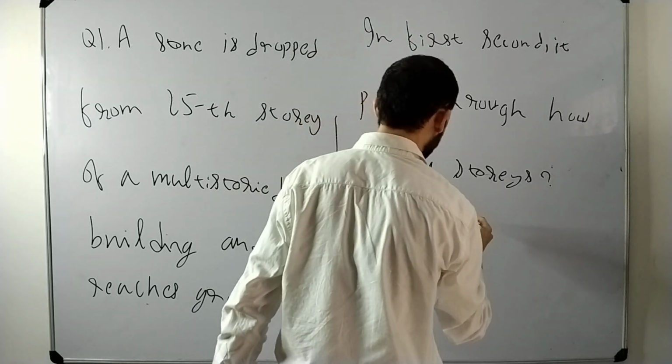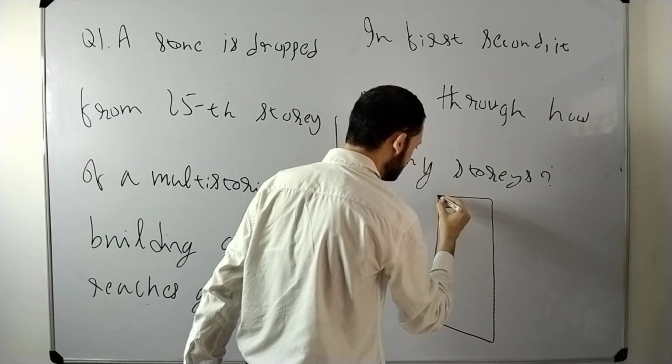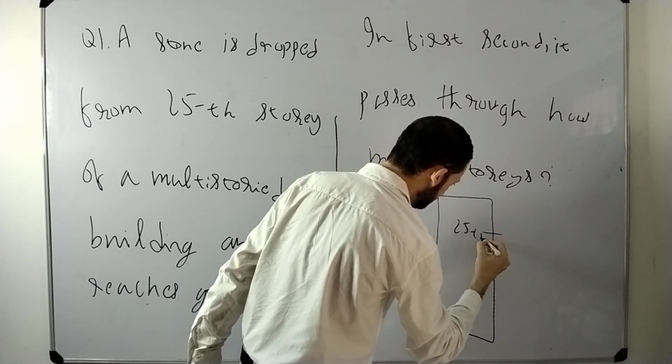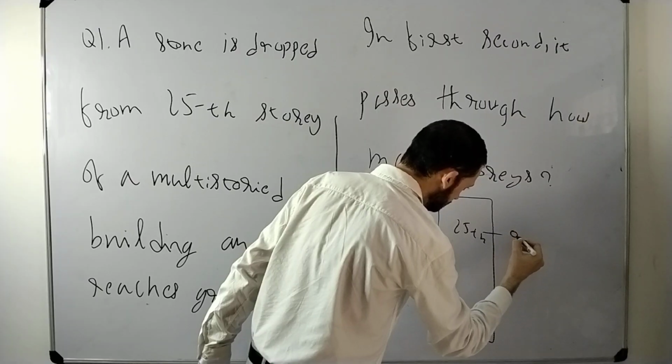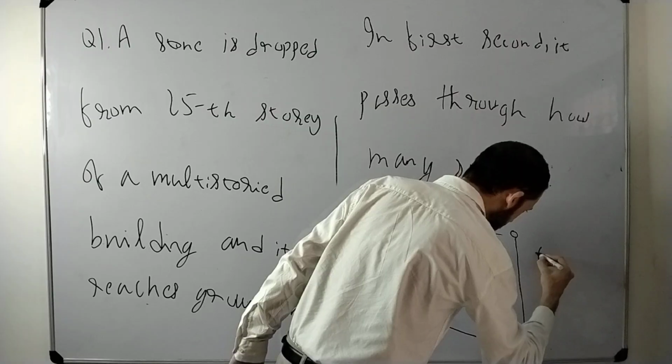Let's draw the diagram. This is the building. We don't know the actual height of this building. I am here at the 25th floor, 25th story, and I have dropped the stone and it reaches the ground in 5 seconds. Time being given is 5 seconds.